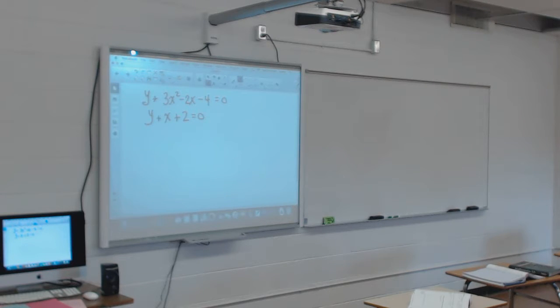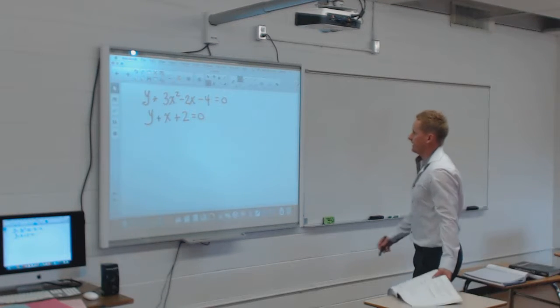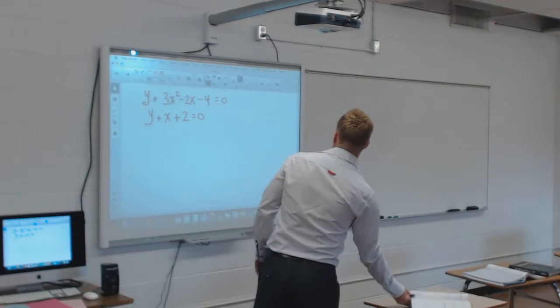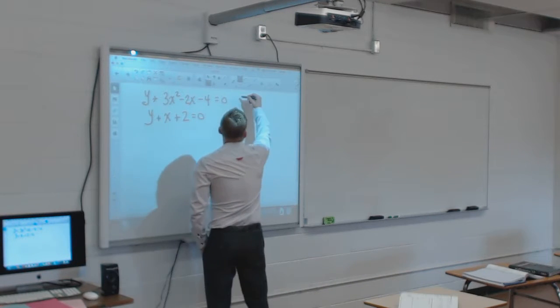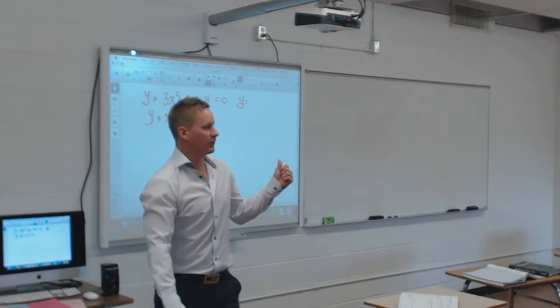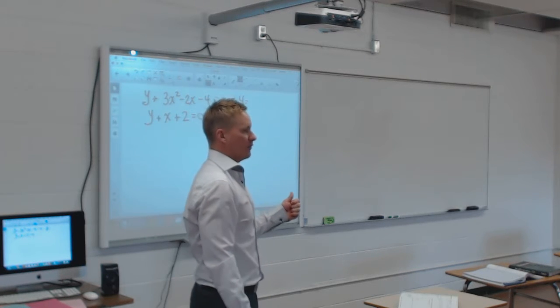So how am I going to make those equal y? Subtract from the y, or add, depending on what it is. So you can subtract 3x squared plus 2x plus 4. The easiest thing in this question would actually be to move the y over and then multiply everything by -1.